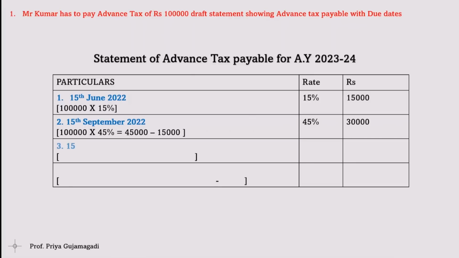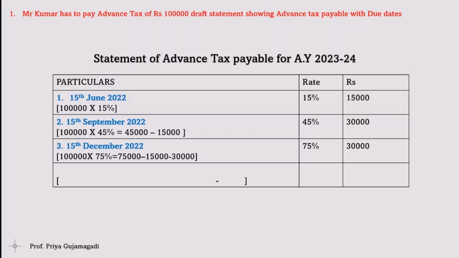Third one, 15th December 2022. On 15th December 2022, we have to pay 75% of the tax payable. So 1 lakh into 75% will be 75,000. But in the first installment we have paid 15,000 and in the second installment we have paid 30,000, so we have to deduct both of these. 75,000 minus 15,000 in the first installment minus 30,000 in the second installment, so we will get 30,000.